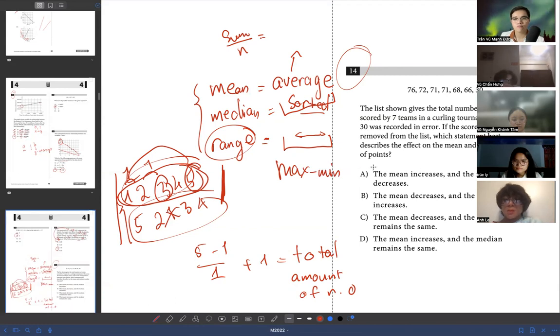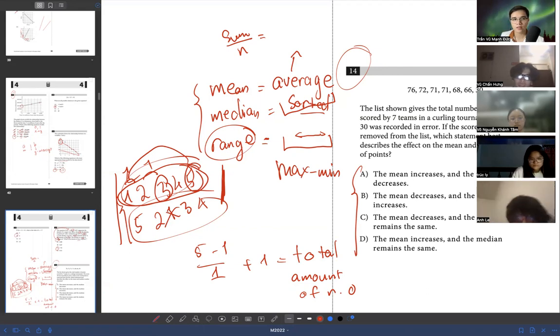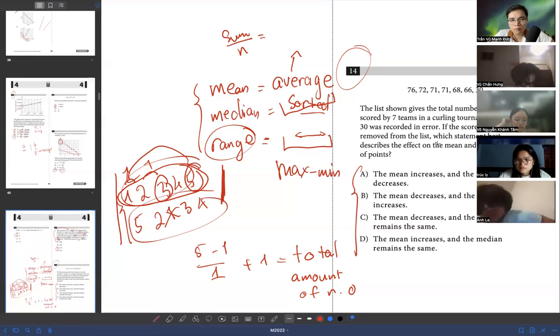Now, can you do this for me? If the score of 30 is taken out, what changes? 16. The mean will increase and the median remains the same. Let's see.